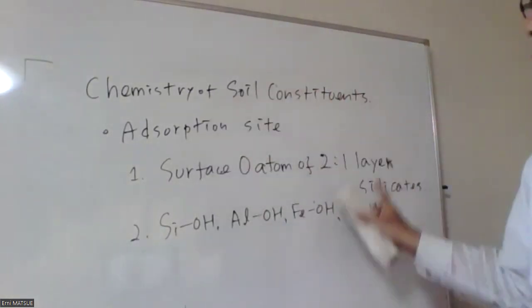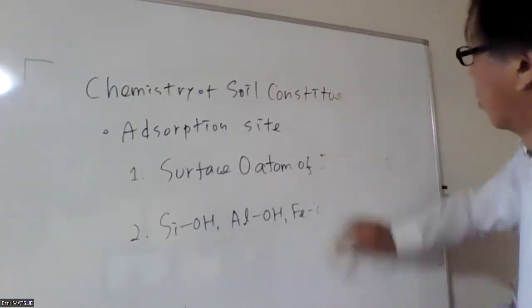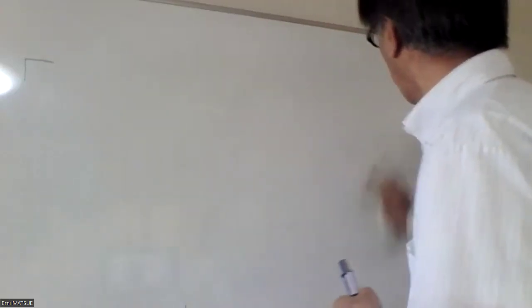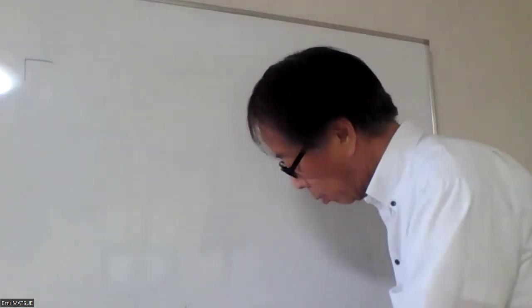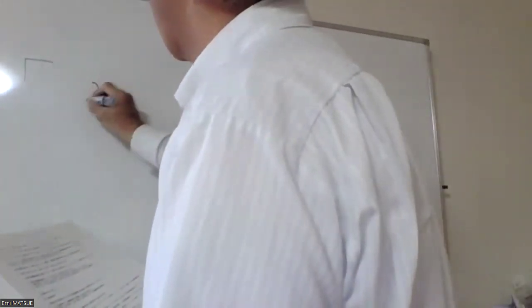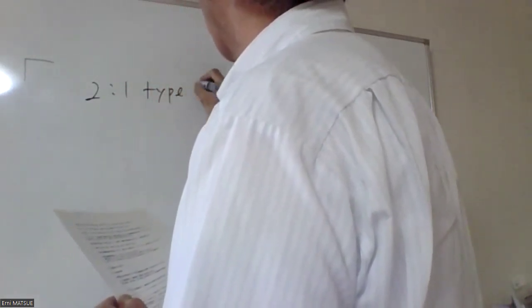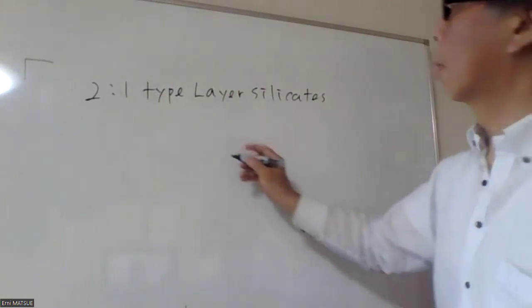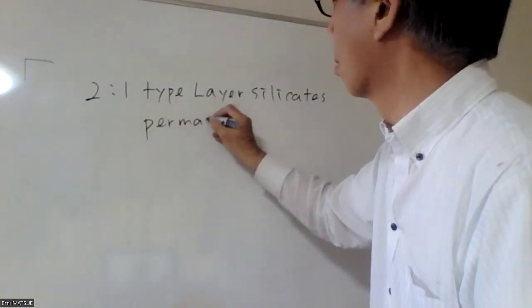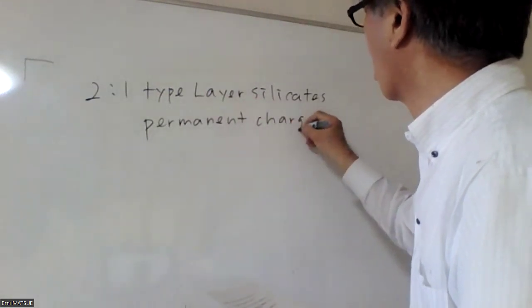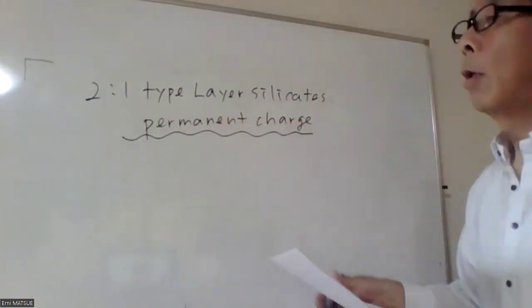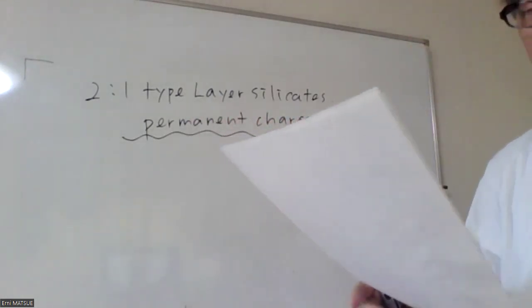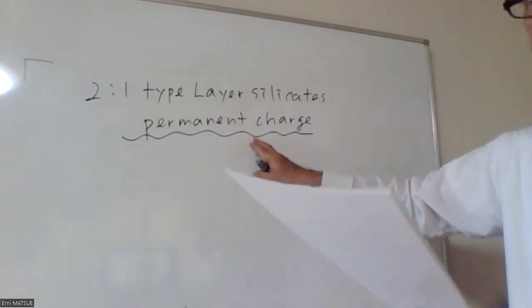Maybe you already know, but as you know, 2-to-1 type layer silicates such as montmorillonite and vermiculite have permanent negative charge.